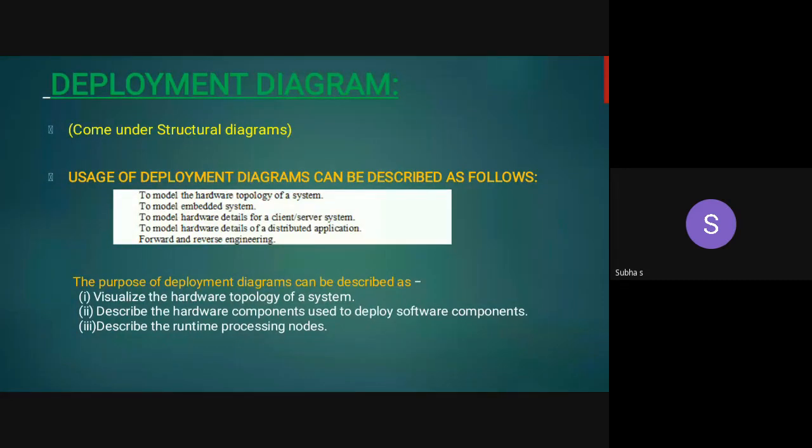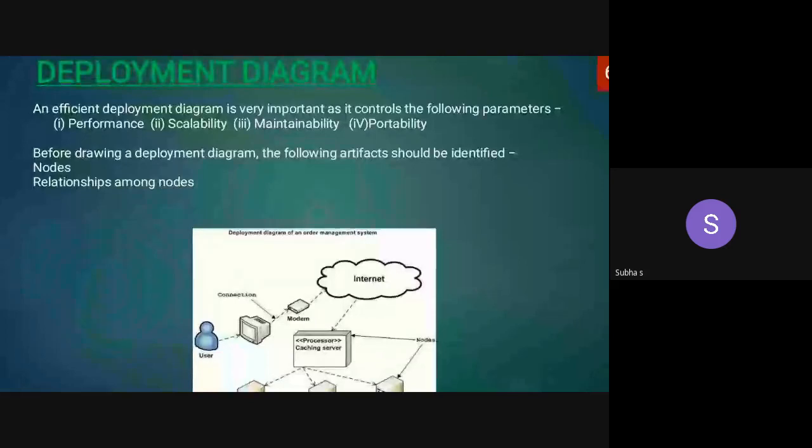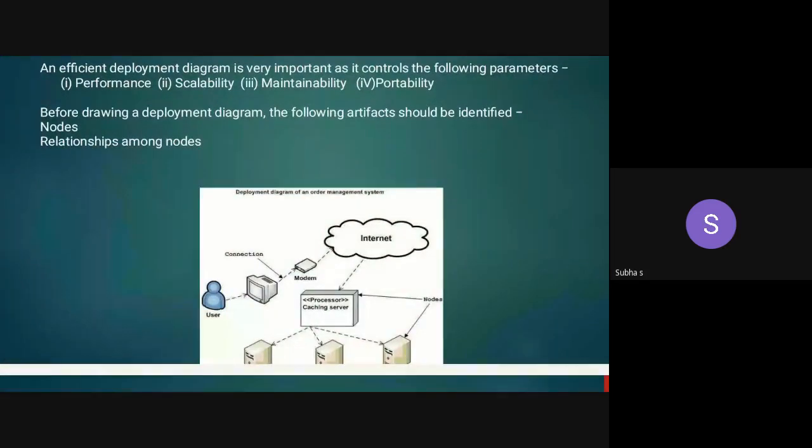Now in the deployment diagram, what parameters are taken up? Especially performance, scalability, maintainability, and portability. Performance means the proper sequence of actions has to be successfully finished or not.